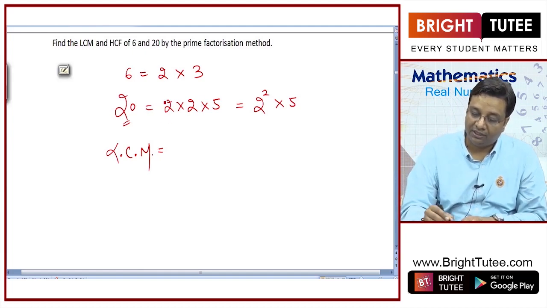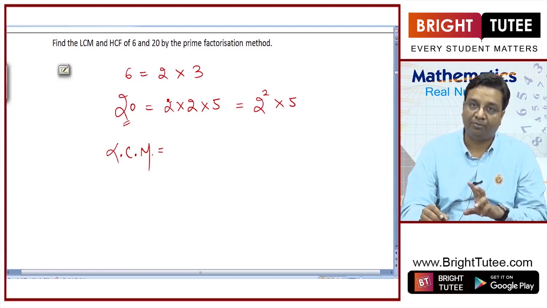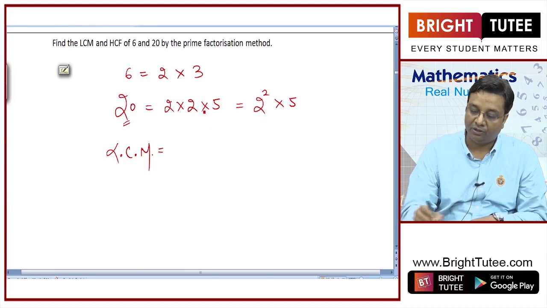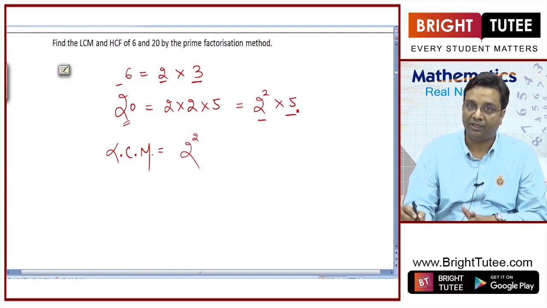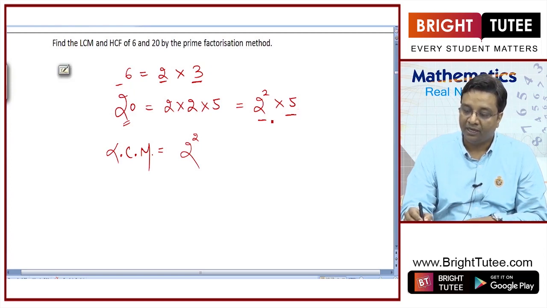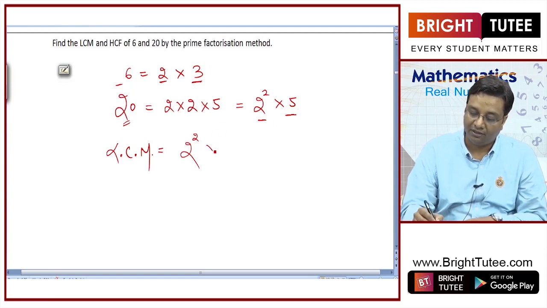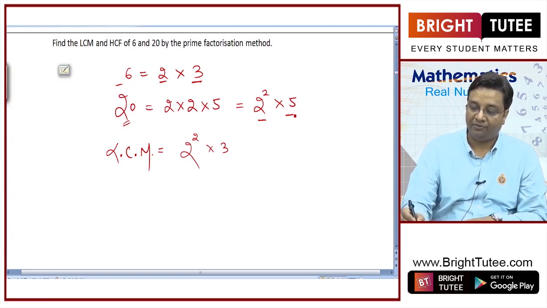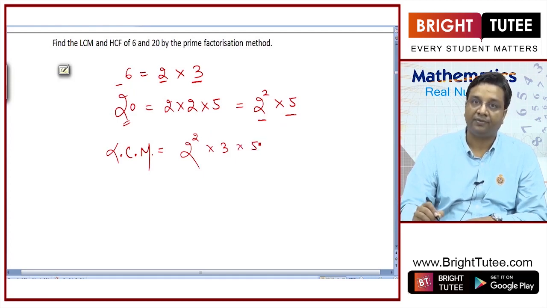So we will consider the higher powers of primes. What are the common primes here? 2 raised to power 2, right? So we will consider the higher power, 2 square, okay? 3 power 1, and in 20, 3 is not present, so 3 raised to power 0 is there. Hence we will consider 3, and from here we will consider 5, right?